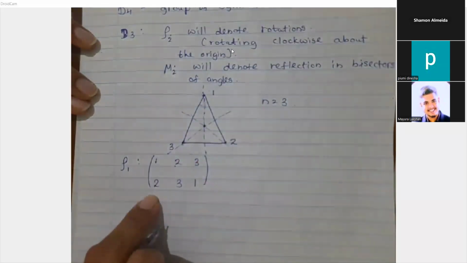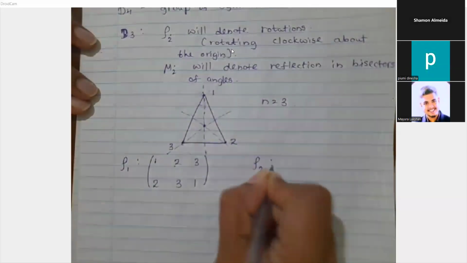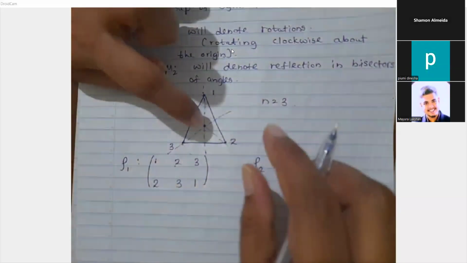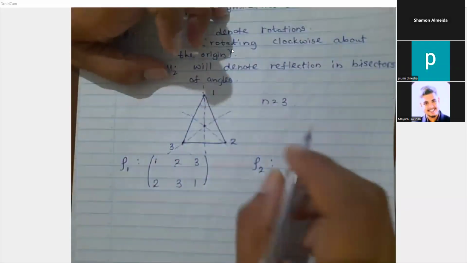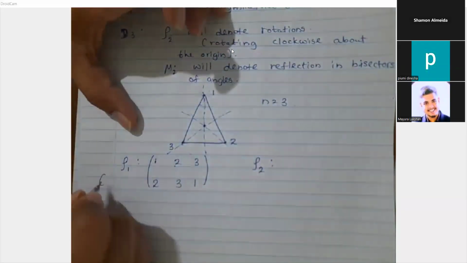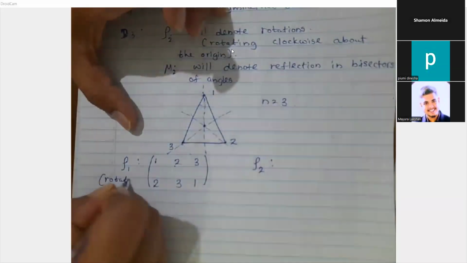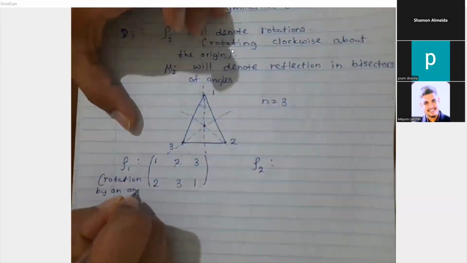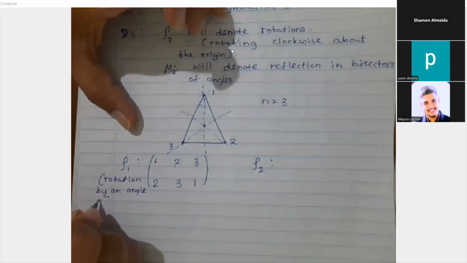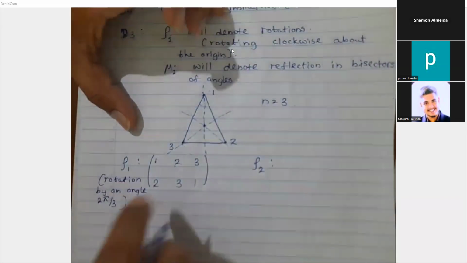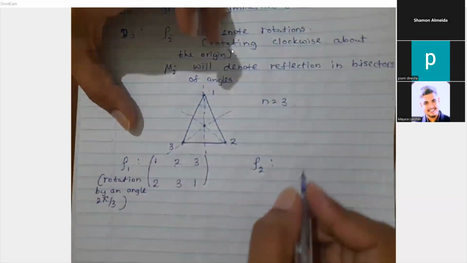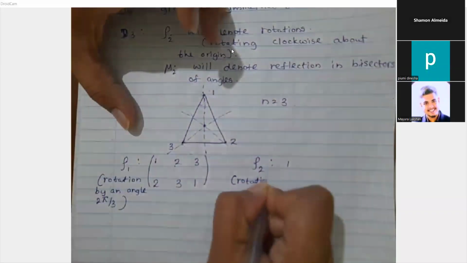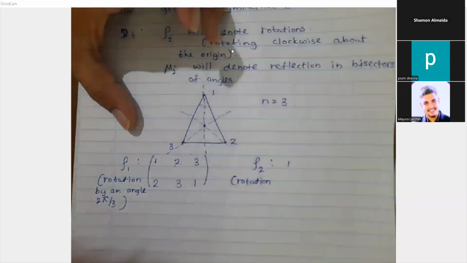This is one rotation, right? Another rotation would be if you rotate this triangle by doubling the angle 2 pi over 3 about the origin, right?